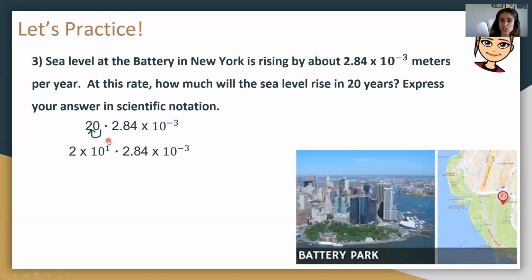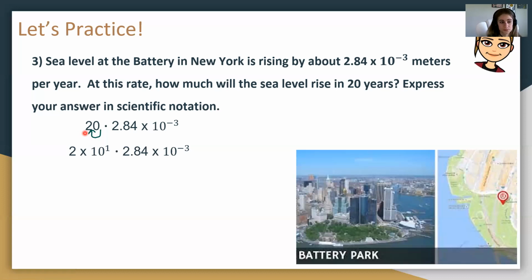All right, so the way we do that, if you recall, is we need to move our decimal point. So it goes right here, so 2. And then how many times did we have to move the decimal? Only 1 time.